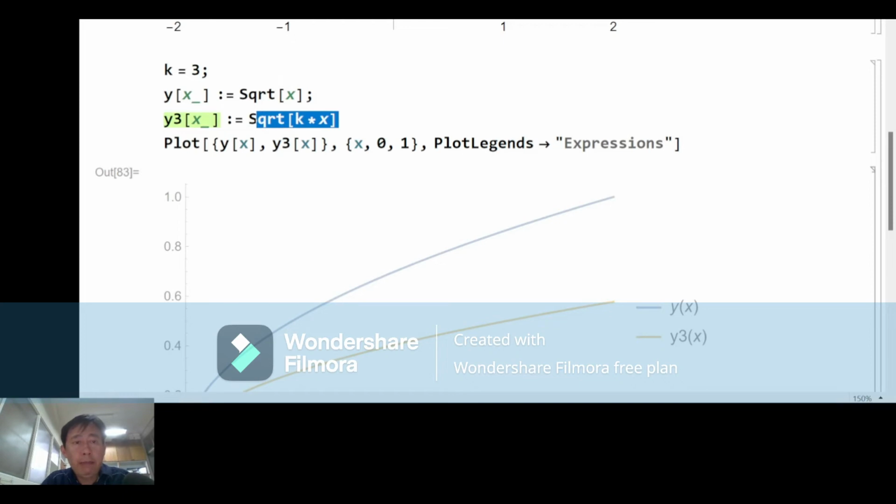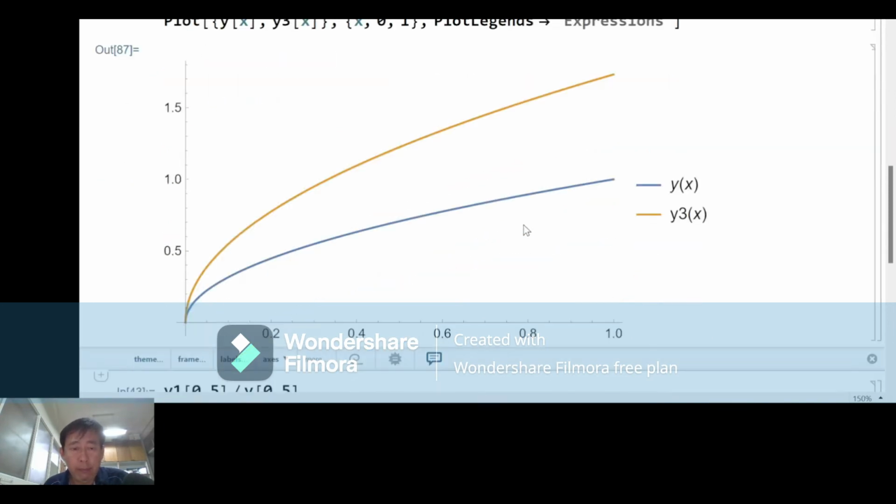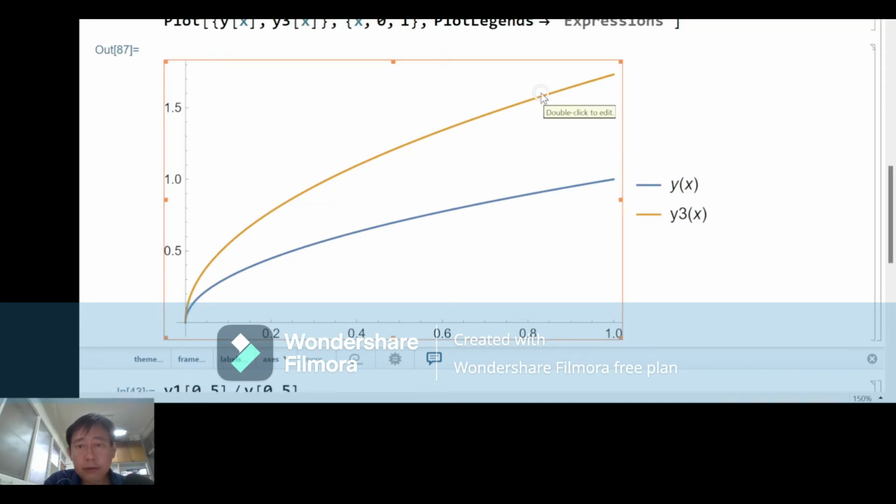Okay, so let me check again if my working is correct. If it is correct, then this expression should reproduce a compressed version of the original function, the square root of x. Now it looks more appropriate. You can see these functions, this is y3, and this is the function y.